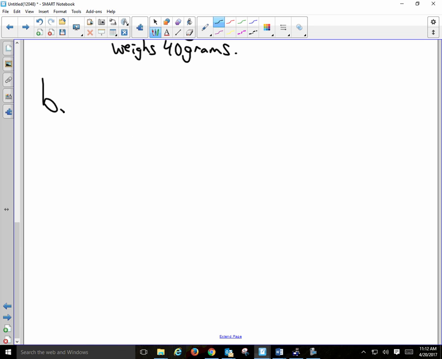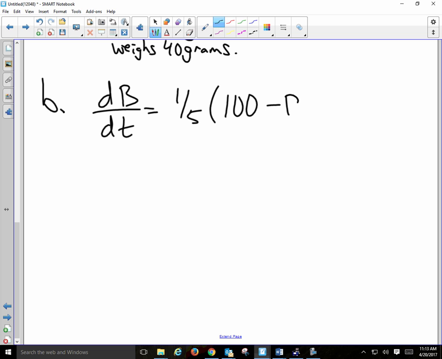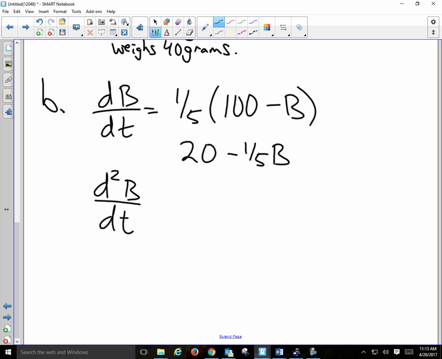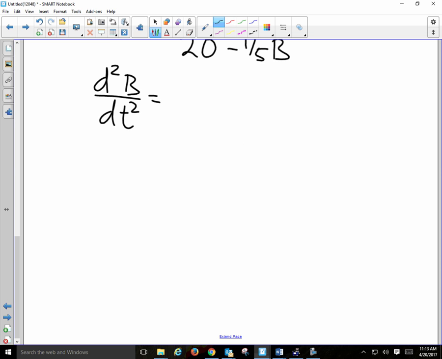The derivative with respect to time is 1 over 5 times 100 minus b, or 1/5 times 100 is 20 minus 1/5 b. So the second derivative, what's the derivative of 20? 0.